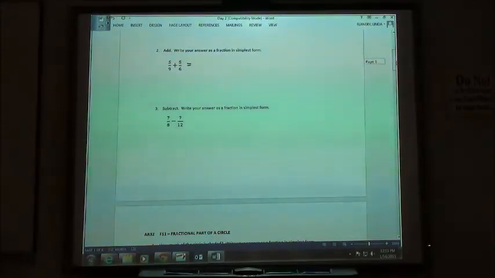Because this was divisible by 8, this was divisible by 8. 24 divided by 8 is 3, 16 divided by 8 is 2. So if it's an improper fraction where the calculator gives you the mixed number, if it's a proper fraction, it just gives you the right answer. But otherwise, you've got to change it from the mixed number into the improper fraction.